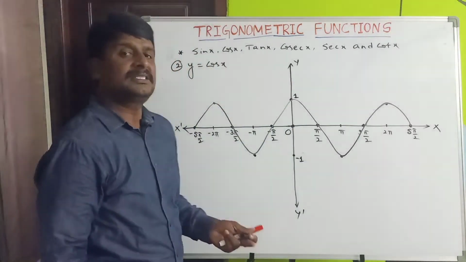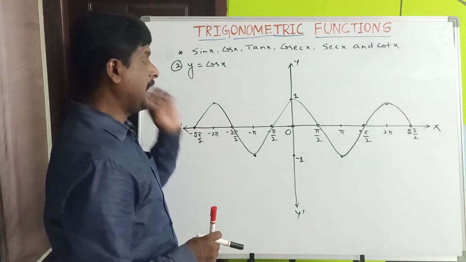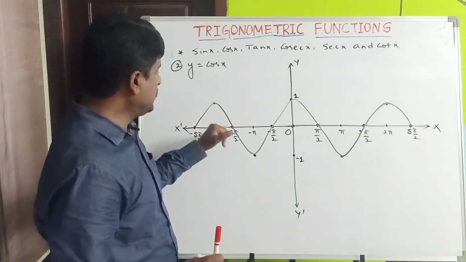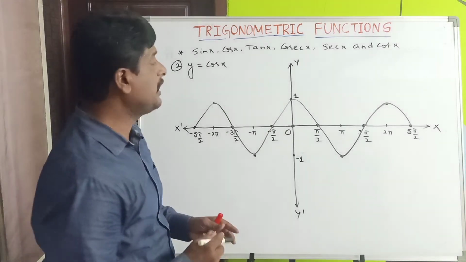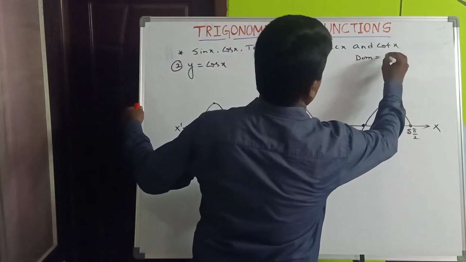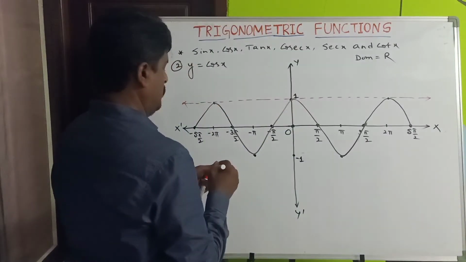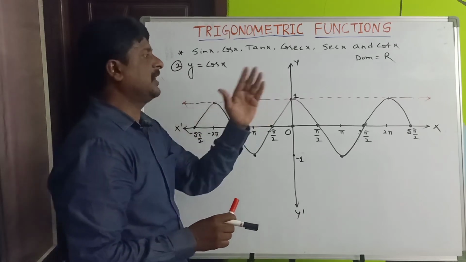Okay, this is the graph of cos x, and you see it is defined everywhere for all real values of x. That's why its domain is also R. So observe the range of the graph.